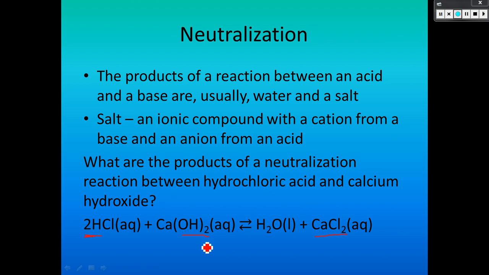So in order for complete neutralization to take place, and obviously that would end up being pH of 7, you have to have equal concentrations of your H plus ion and your OH minus ion. So that's why that works out that way, and that's why you end up with a neutral solution.